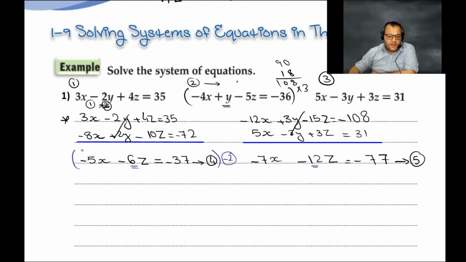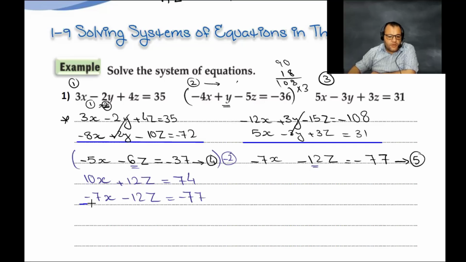So the first one will be 10x plus 12z equals 74, and the second one will be negative 7x minus 12z equals negative 77.